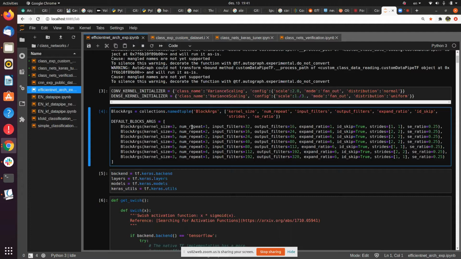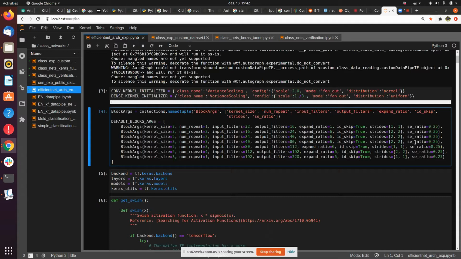Next, this is where the compound scaling factor comes into the picture. Here, if you see the kernel size, they keep changing. This is how the blocks are by default, these many blocks will be there. In each block they predefine the kernel size, number of repetitions, input filters, output filters, expand ratio, ID skip, strides, and SE ratio.